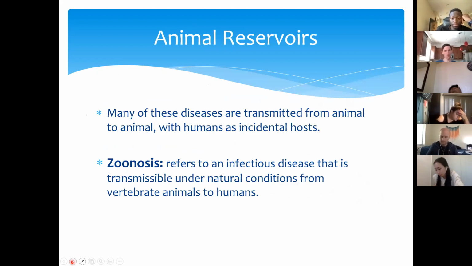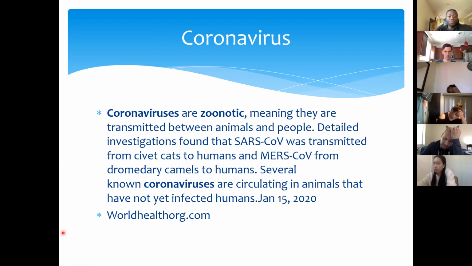Animal reservoirs. These diseases are transmitted from animal to animal, and sometimes animal to humans as well. Zoonosis is the term when an infectious disease is transmitted from vertebrate animals to humans. Coronaviruses, remember we talked about last week that there's more than one strain of coronavirus, are zoonotic.